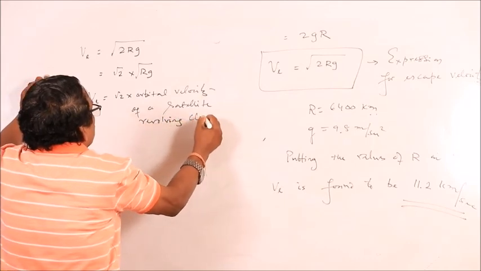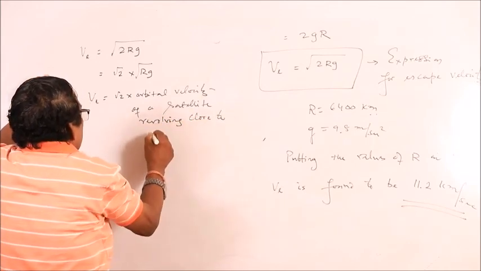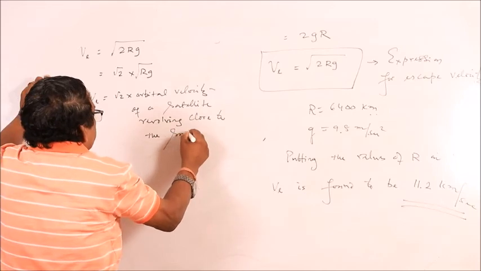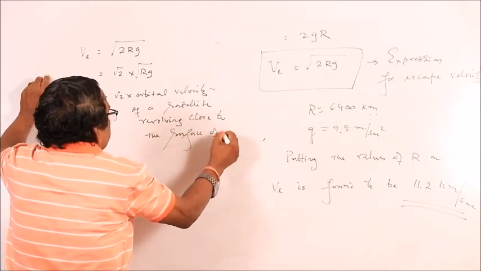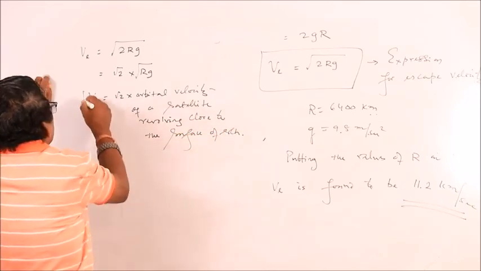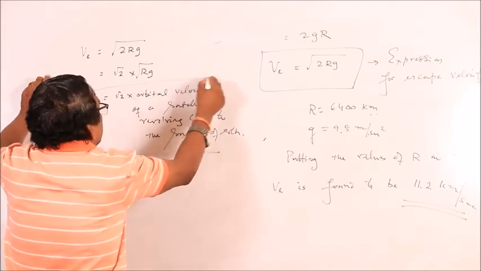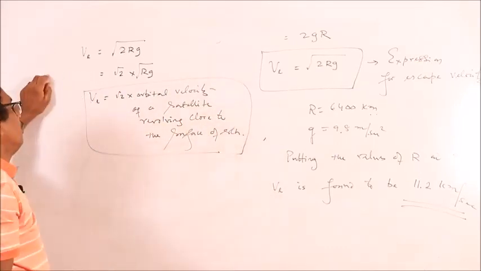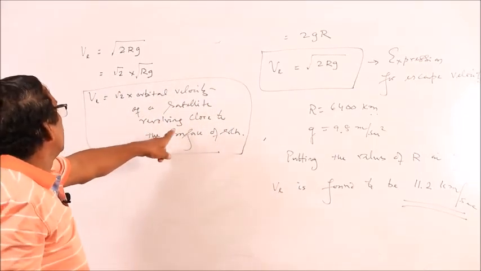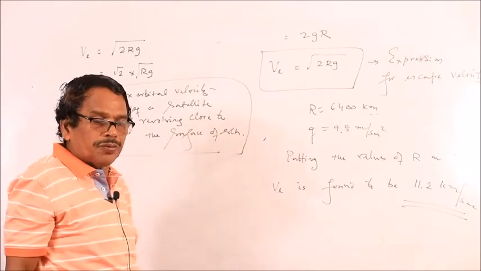So the escape velocity is root 2 times the orbital velocity of a satellite revolving close to the surface of earth.